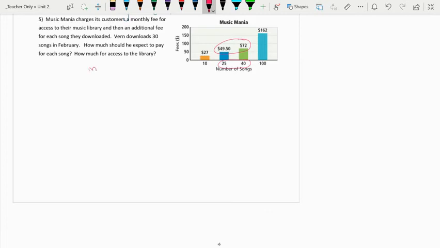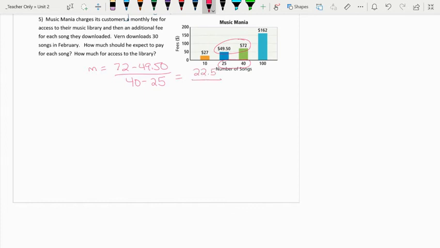So again, we're going to find slope first. Y is first. So 72 minus 49.5 over 40 minus 25. If we subtract the top two, we get 22.5.